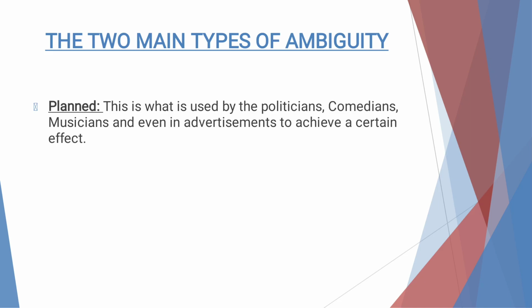Planned ambiguity. We also have an unplanned ambiguity. And we are saying that this one occurs in speech or writing. I hope it makes sense. So it happens in speech or writing, and mostly it happens without the knowledge of the language user.